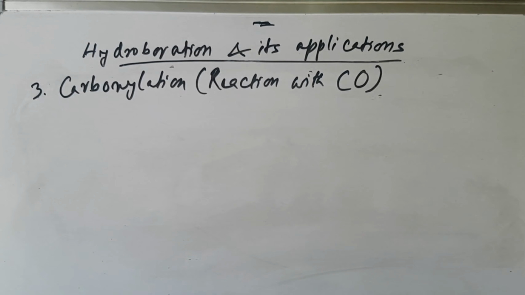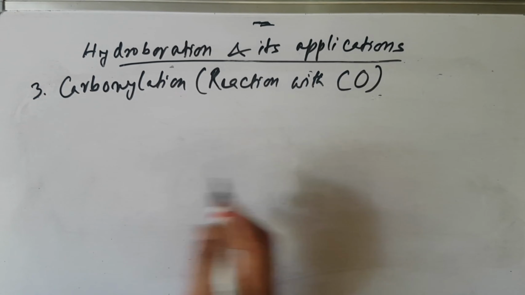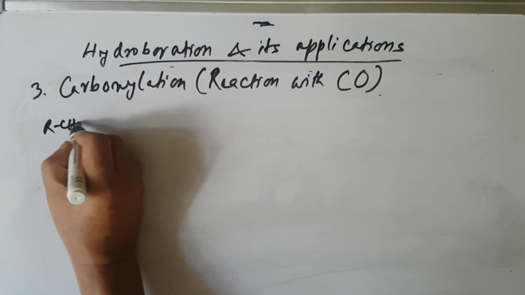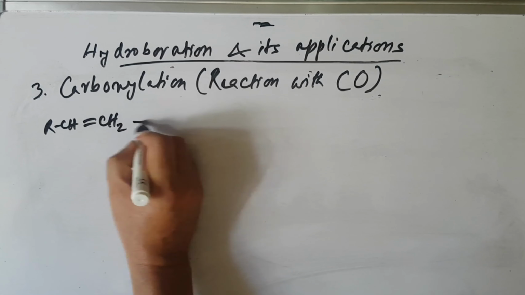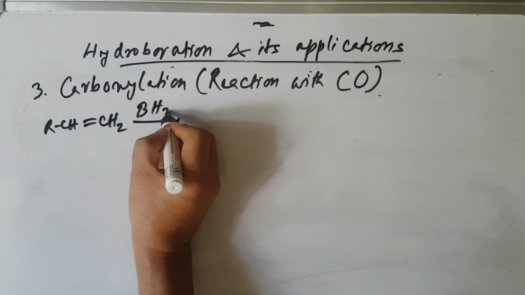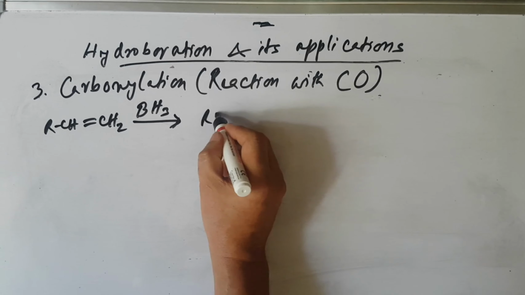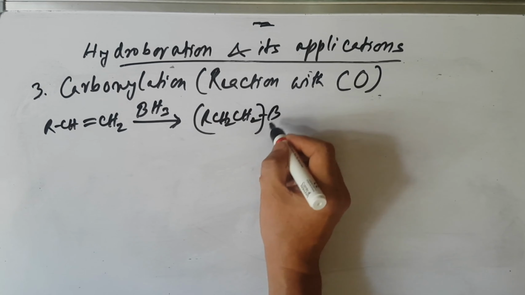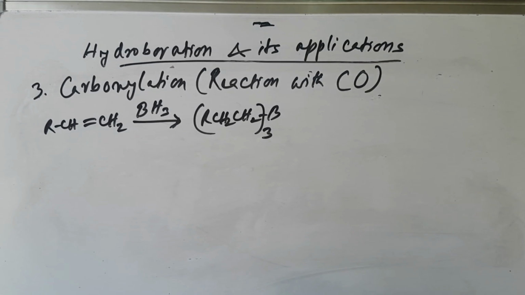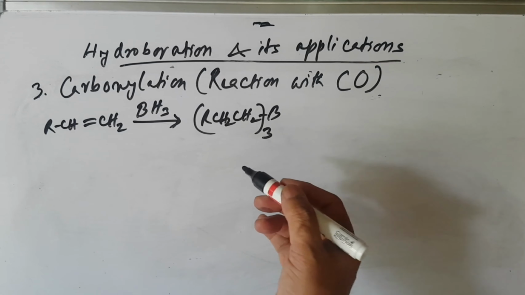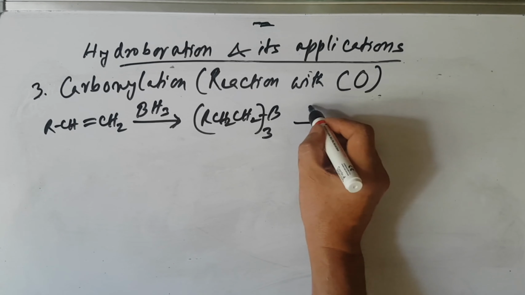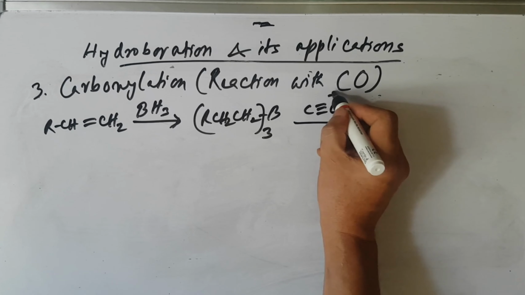Okay, so here, similarly to earlier, the alkene reacts with borane, so we get trialkyl borane. First, alkyl borane is obtained. This alkyl borane can undergo reaction with carbon monoxide. Carbon monoxide can be represented like this.